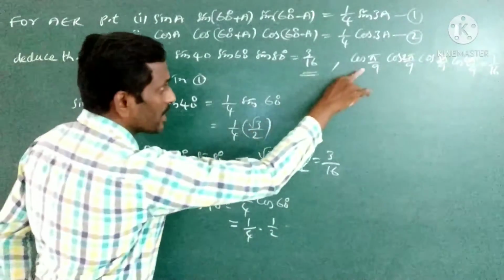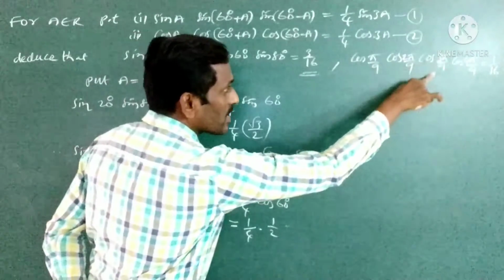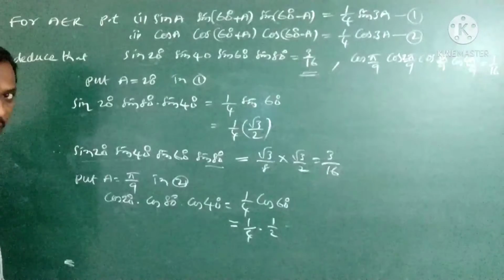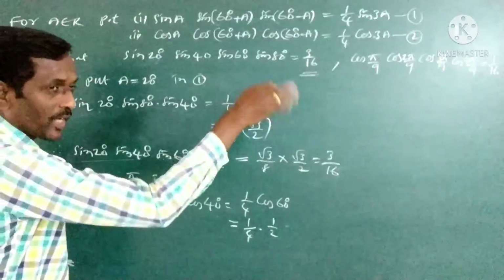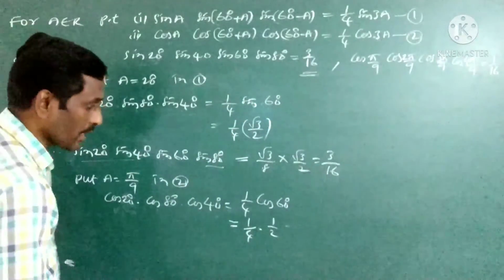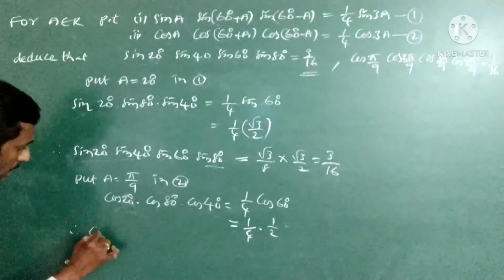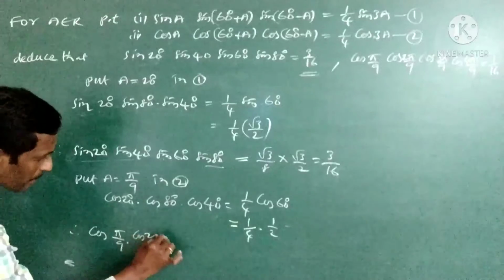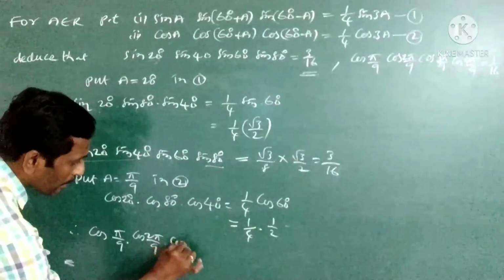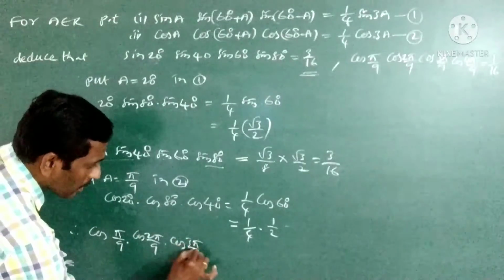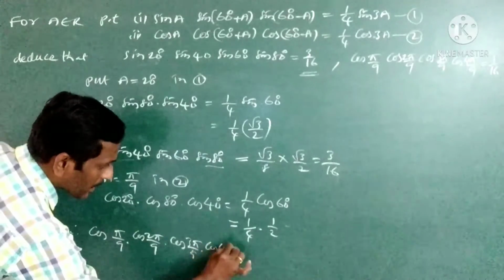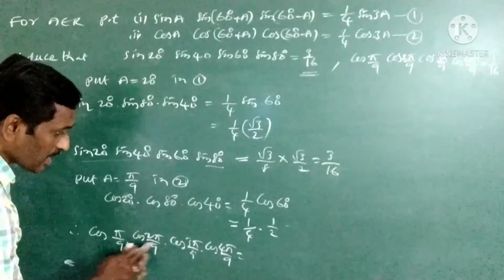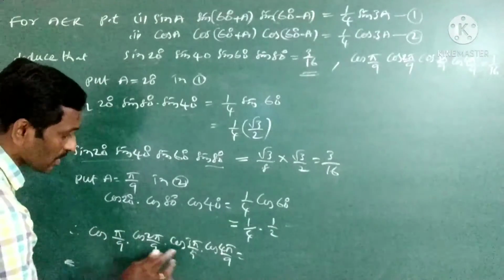But what do we require here? 20, 40, 60, 80 also. Here 20, 40, 80 only is there. 60 is not there. So the 60 value of the cos function we know, write the value. Therefore, cos of pi by 9, 2 pi by 9, 3 pi by 9, 4 pi by 9, which is 20, 40, 60, sorry, 80.